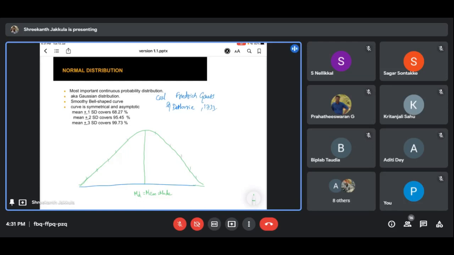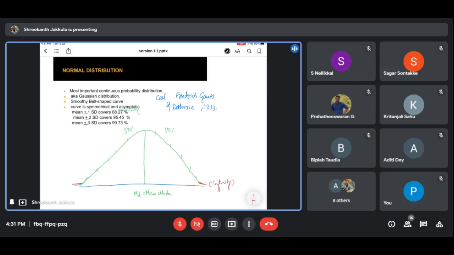And then it is symmetrical on both sides. The word is asymptotic. Asymptotic means it never touches the base; it will touch only at infinity. We can't precisely say at which point it touches the base.